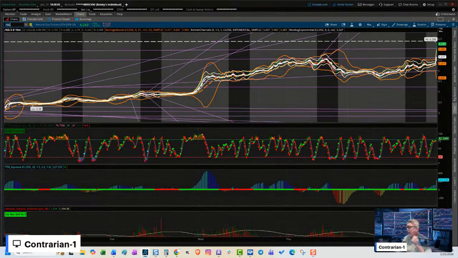God damn, natural gas gapping up 18.35%. We booked profits on our natural gas position last week. A little bit too early. We made money, but man, wow.